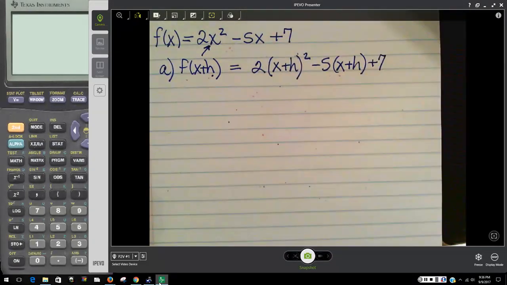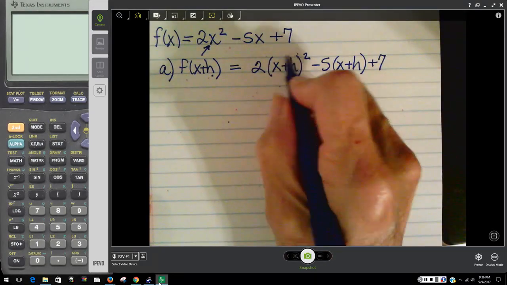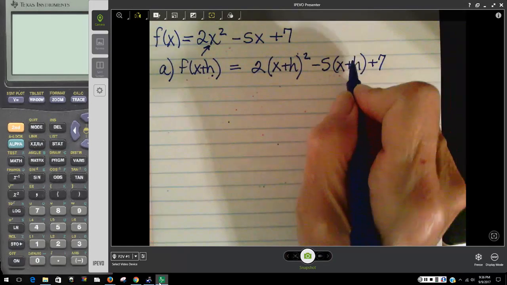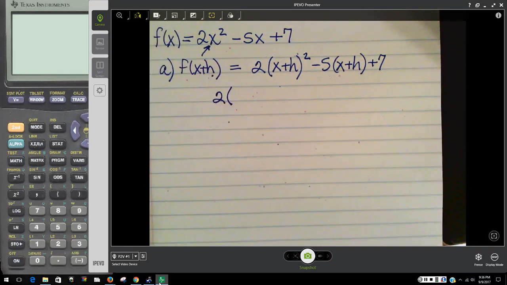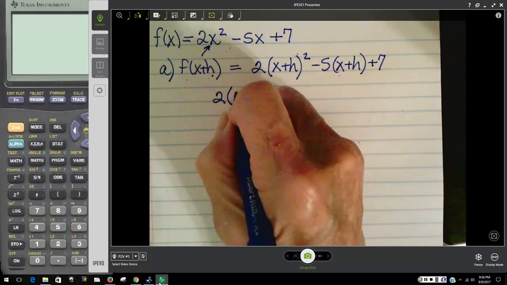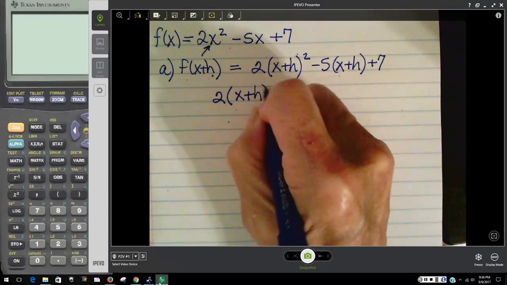So we've substituted x plus h in for x everywhere it appears. And then the first thing we need to do is to remove these parentheses. I'm going to do this one step at a time, because first we have 2 times x plus h squared. And x plus h squared is x plus h times x plus h.